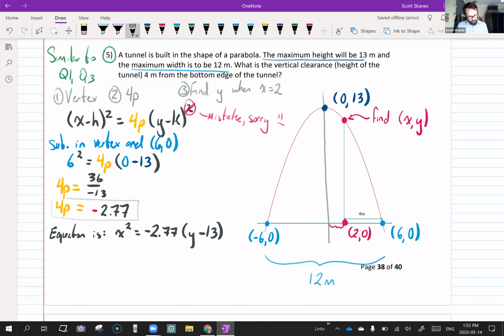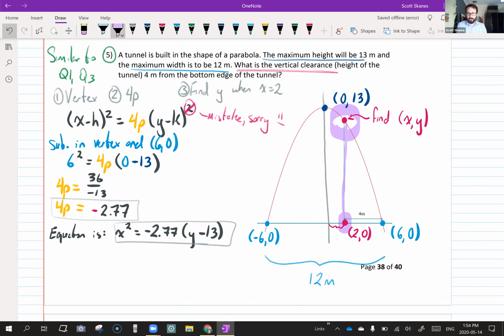We got 4p. We got our equation. We need to actually answer the question, what is the vertical clearance? So what I said to do, we just put x into that formula and solve for y. That will give us, let me be clear here, it takes this x and it'll tell us what the y is.